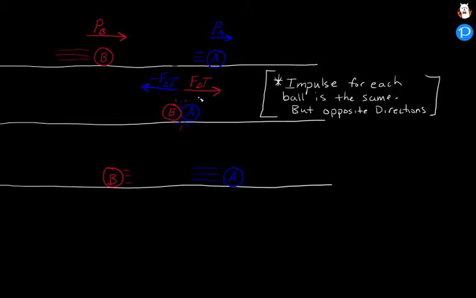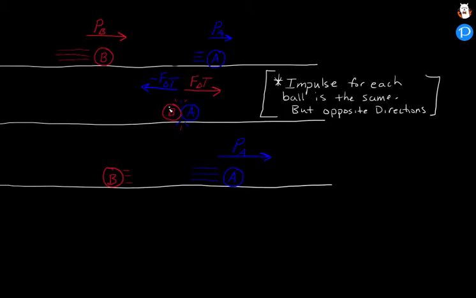So we're going to add this to whatever momentum it had at the beginning. And so here, it's got more momentum going this way. It's now got more momentum than it had at the beginning because this is the change in momentum that it feels.